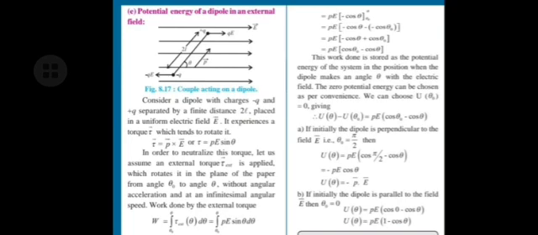Second condition, if theta 0 is equal to 0, then cos 0 is 1. So electric potential energy U theta is equal to PE into 1 minus cos theta. So this is about the potential energy of a dipole in an external field.